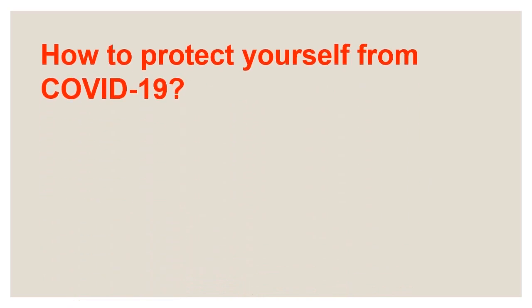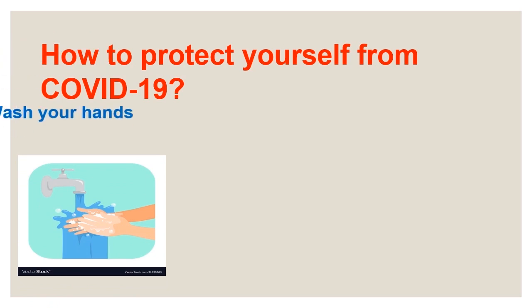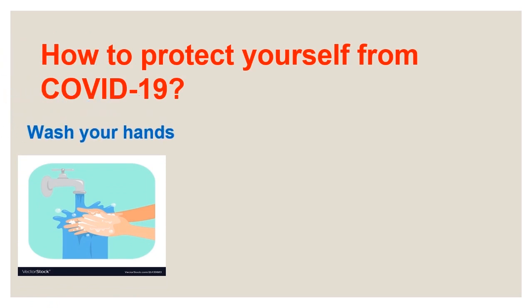Before we start our lesson, I'll give you some ways to protect ourselves from coronavirus. The first one is wash your hands. This is one way to protect ourselves from COVID-19.